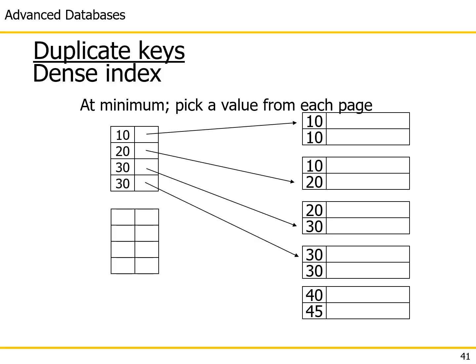And obviously my code that will do the insert and select and delete has to change, because if I'm inserting another 30, I have to find where to insert it, and it has to be between the first 30 all the way until before the 40. Anywhere between those pages is okay.